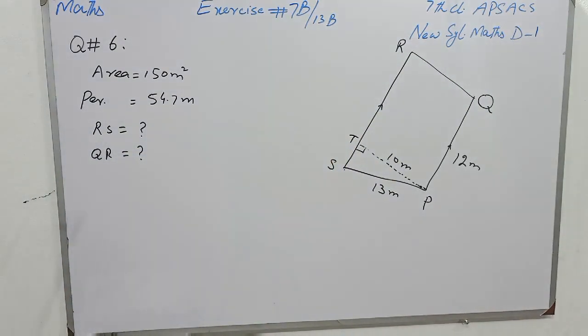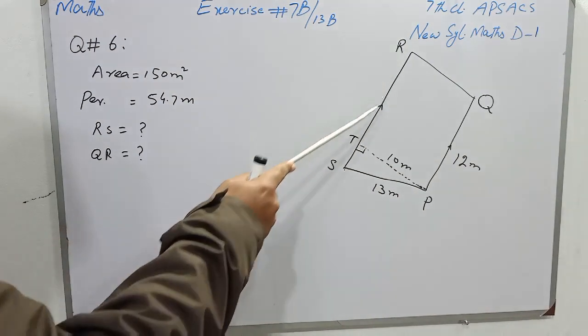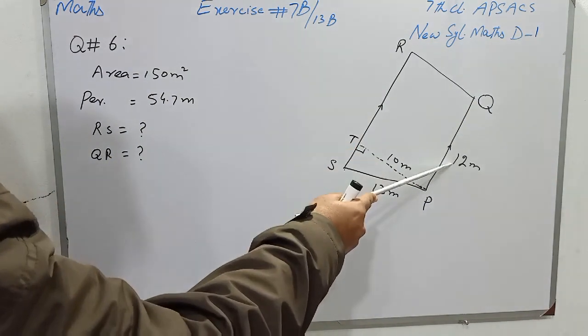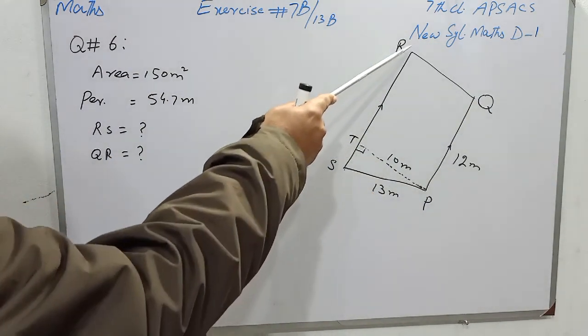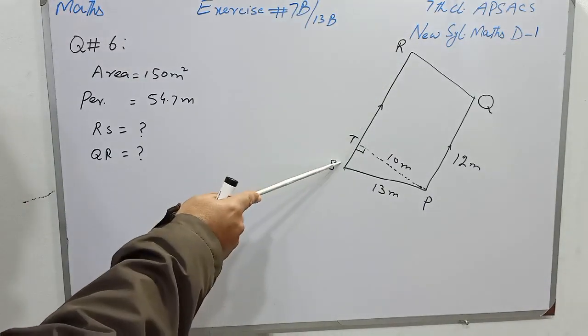So students, when we apply the formula of area of trapezium, then we will find the value of RS because area is given, one parallel line is given and height is given, so we will find the second parallel side.